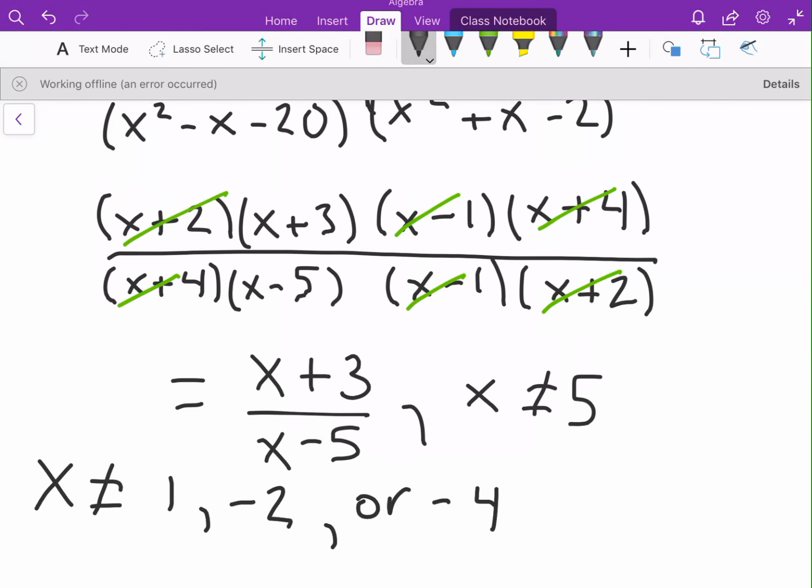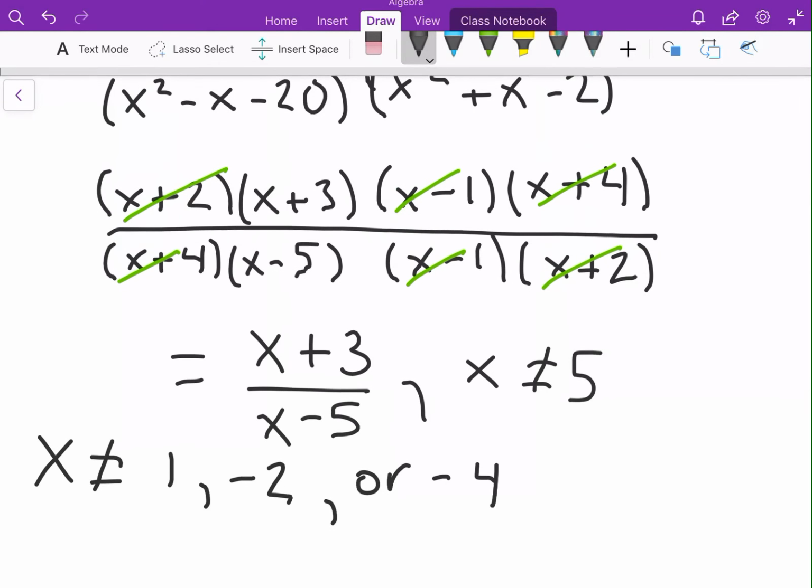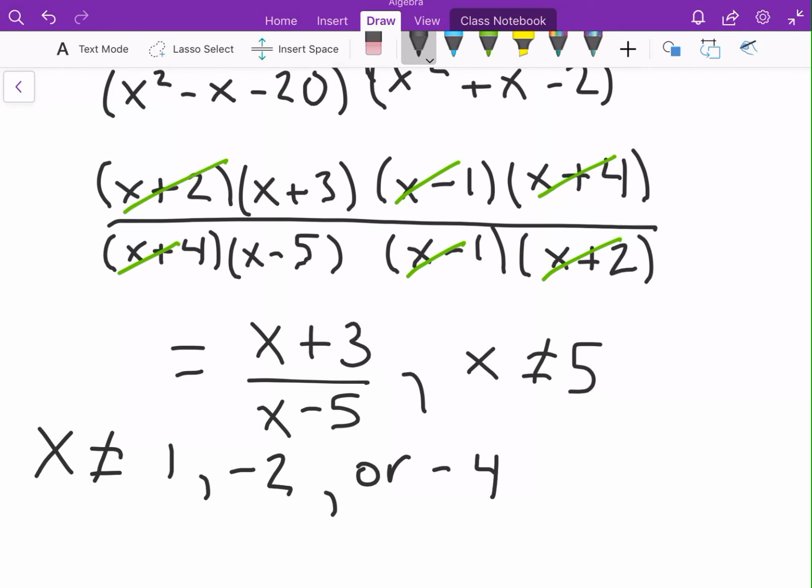Because all of these values will give us a 0 in the denominator, this particular function, x cannot equal positive 5, positive 1, negative 2, or a negative 4. This has been an example of how to multiply and find the product of a rational expression.